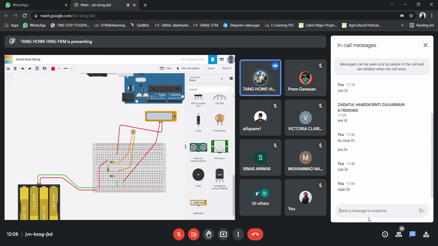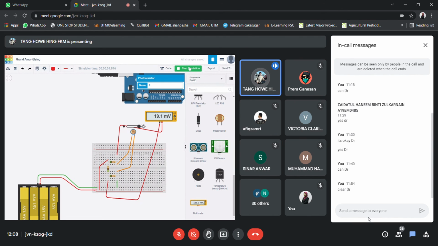I didn't expect the voltage to be already close to 5 volt. All right, so we have a 2.98, which is a 3 volt, and then we have this one.